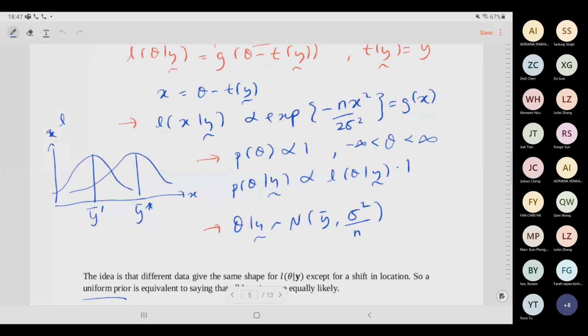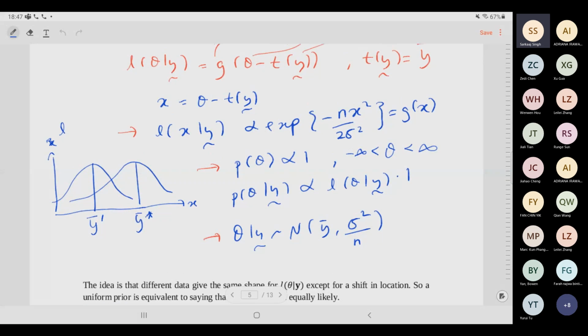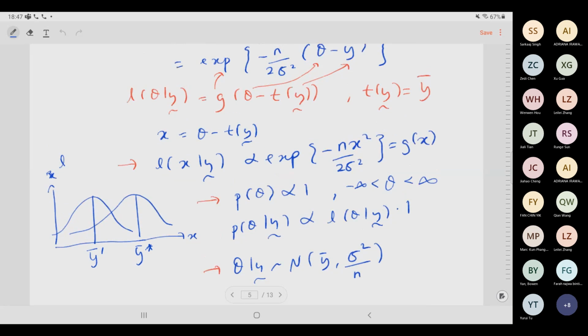Is that what you're asking? You're asking me that when you use a uniform or flat prior, meaning you assume all values are equally likely, then you get the same result as if you did MLE. Okay, I understand.